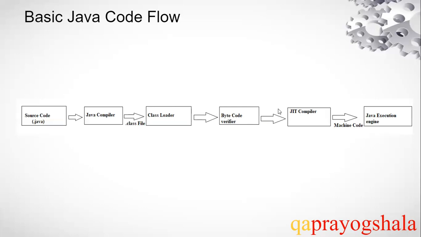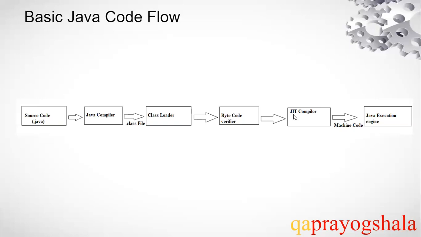Now the next component is the JIT compiler. As we all know, every machine understands only machine language. They won't understand the native language. So we'll need an interpreter or the JIT compiler that will convert this native code or the bytecode into the machine code.